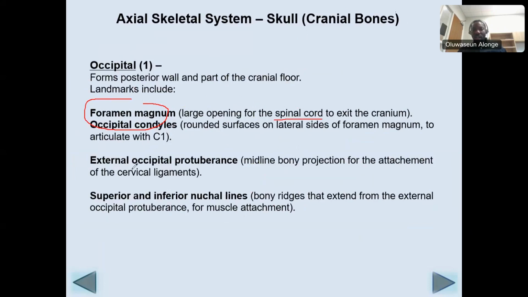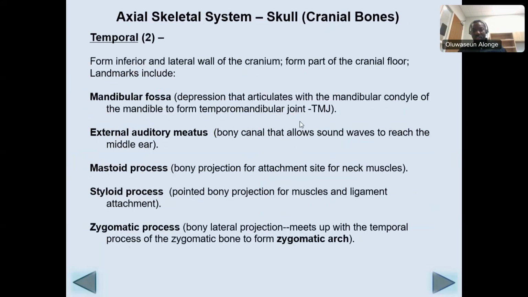All right. The external occipital protuberance is a bony projection for attachment of cervical ligaments. I will show you that. Then we have the superior and inferior nuchal lines, which are ridges that extend from the external occipital protuberance for muscle attachment.